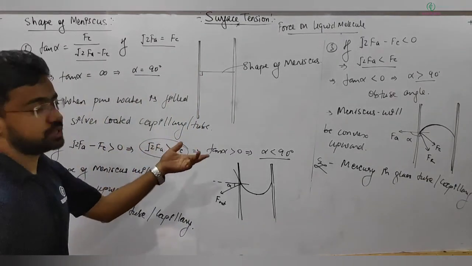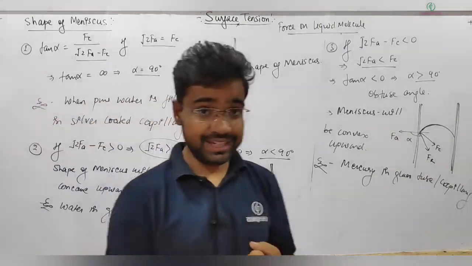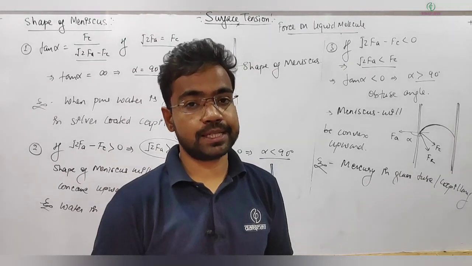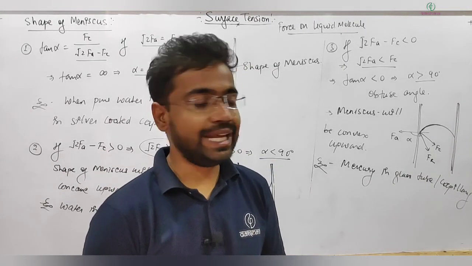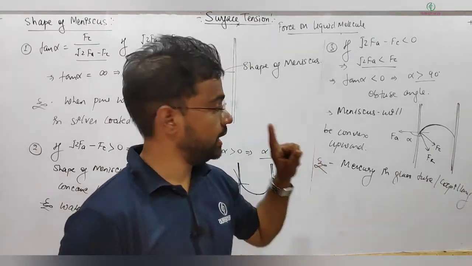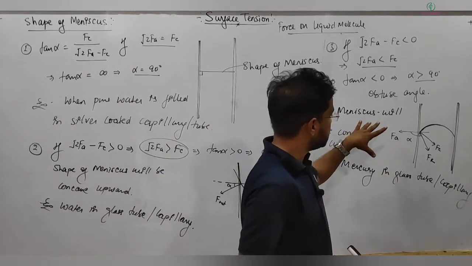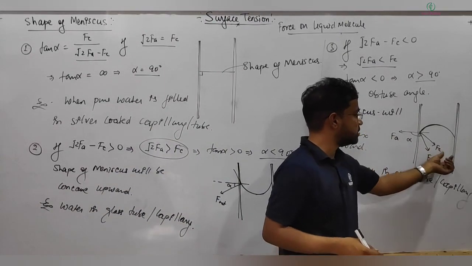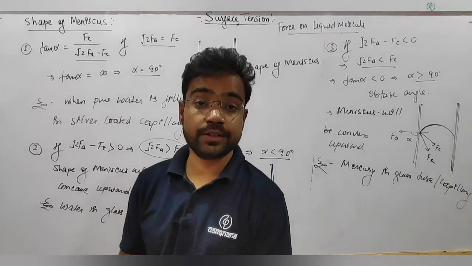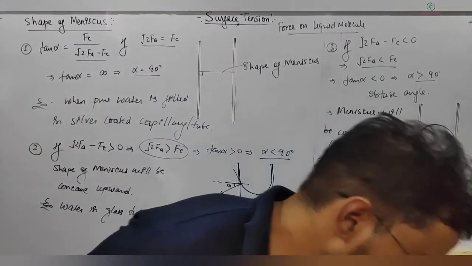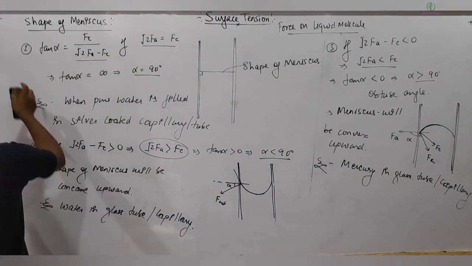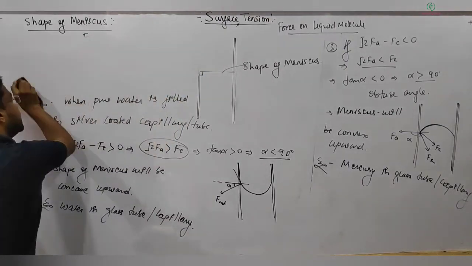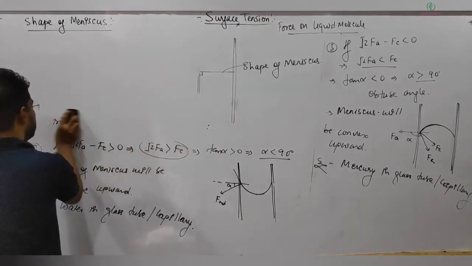So I hope this is all about different shapes of meniscus. It depends on exactly what the pair is. Remember that the shape of meniscus is the resultant property of cohesive and adhesive force. So the meniscus shape will depend on the pair of material of capillary and liquid, is it?